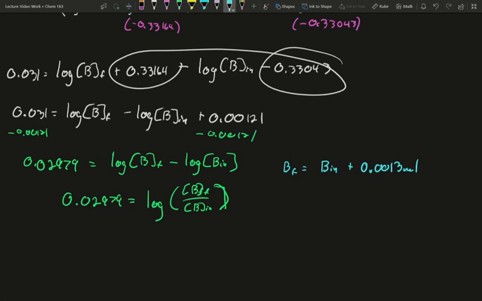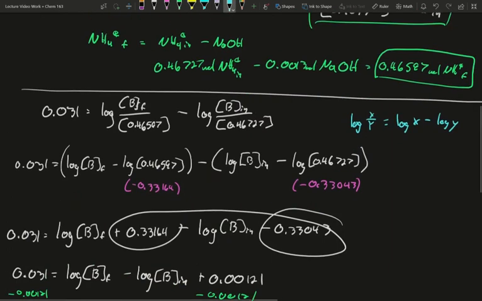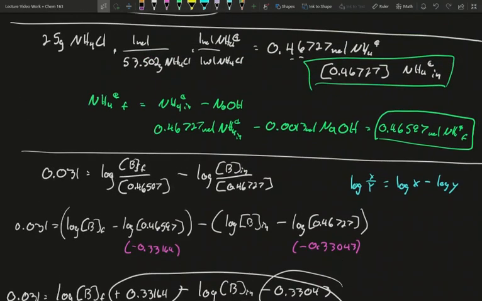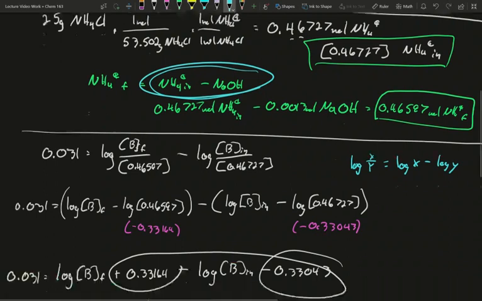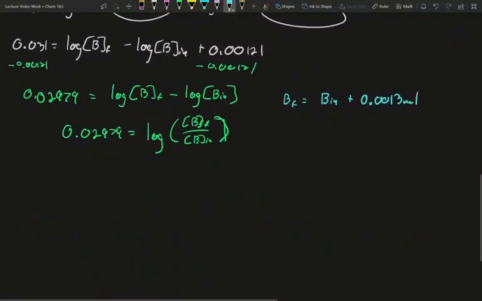It did it by consuming the weak acid. So earlier we lost some of our initial acid. We subtracted the amount of hydroxide. This time we have to add it because we're creating the base, which means I do have a relation here. I can figure out how much is going on. What is base final? Well, it's going to be base initial plus 0.0013.